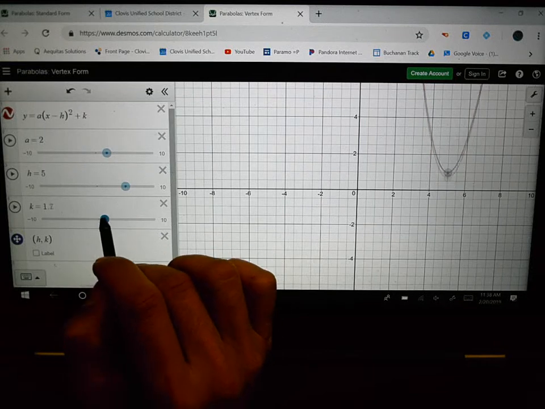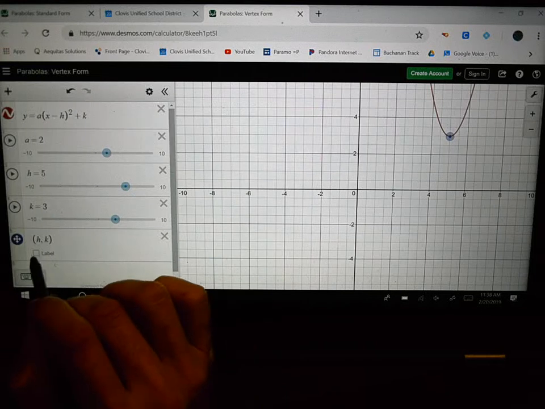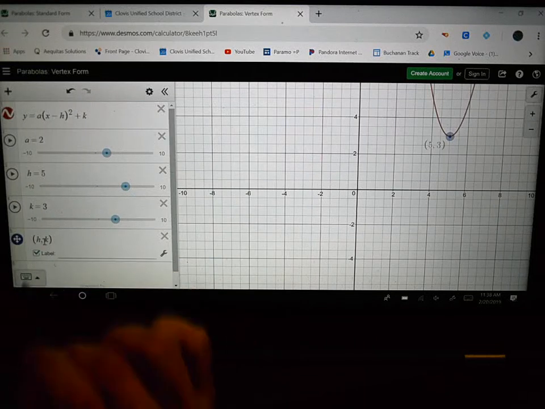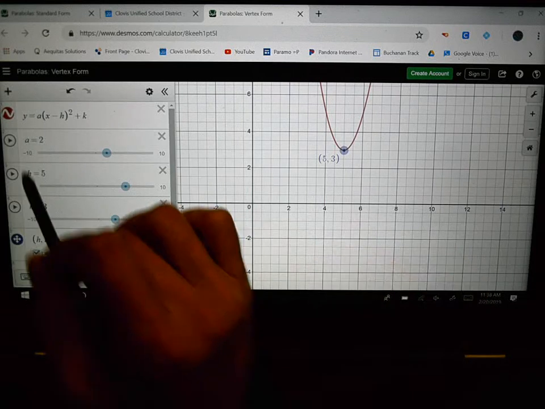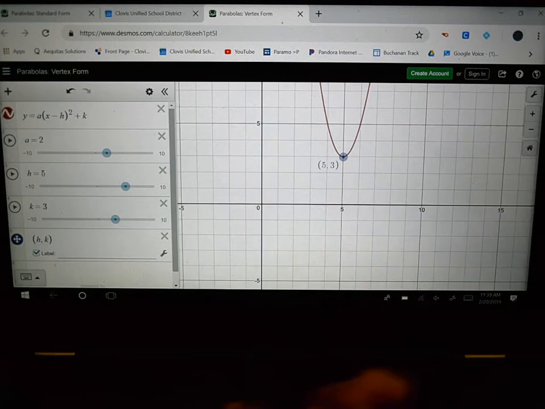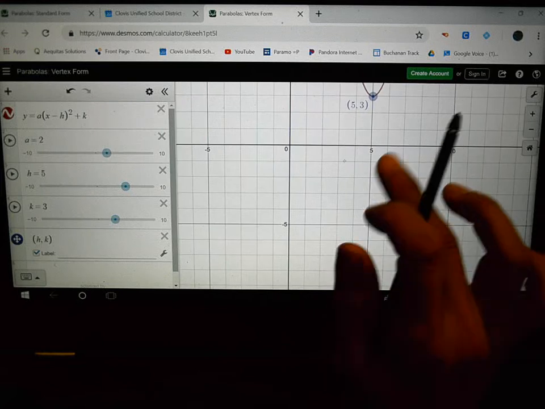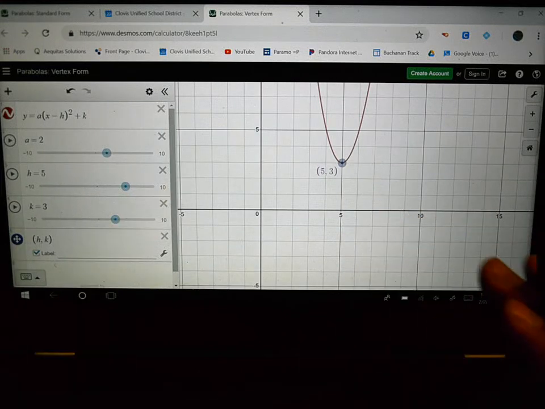And the K value was a 3. I'm going to label H, K. And what I see is I have a parabola that kind of acts the same way that the other one did.